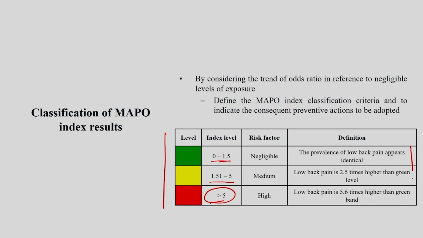This is the definition of each sector. Negligible: the prevalence of low back pain appears identical. Medium: low back pain is 2.5 times higher than the green level. High: it is 5.6 times higher than the green level. So, there is some kind of gradation according to the color.